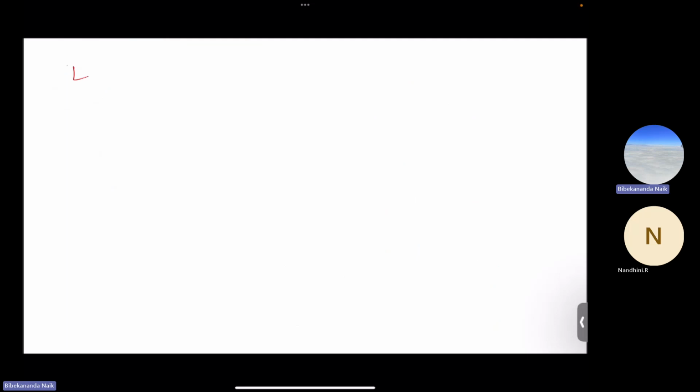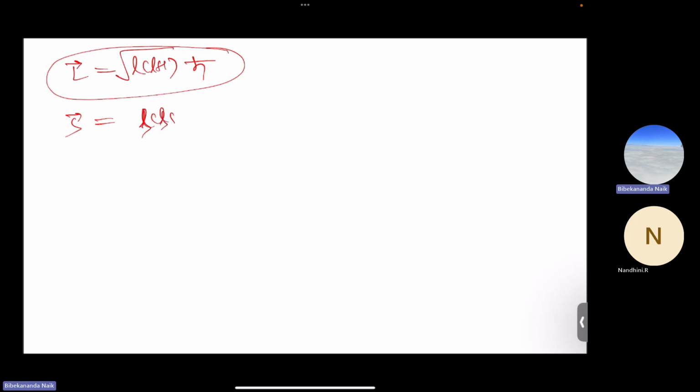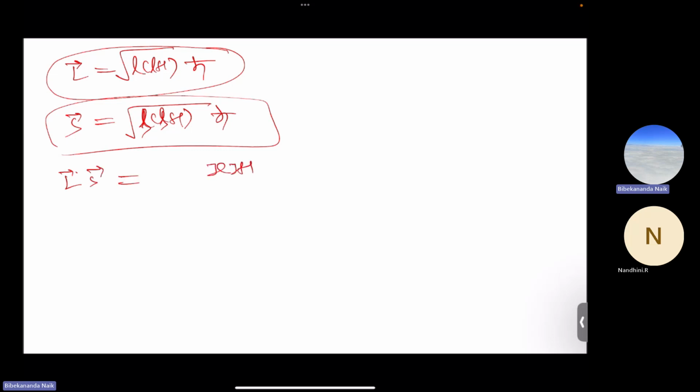Now what are the values? I just told you that the magnitude of L vector is given as root of L into L plus 1 times ħ in quantum mechanics. Similarly, S vector is root of S into S plus 1 times ħ. And the expression for L dot S will be, like we discussed in the previous question, J into J plus 1 minus L into L plus 1 minus S into S plus 1, divided by 2, times ħ², because L and S are being multiplied, so ħ gives us ħ².